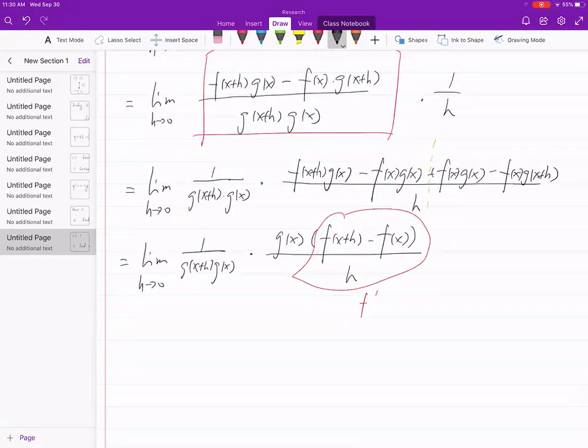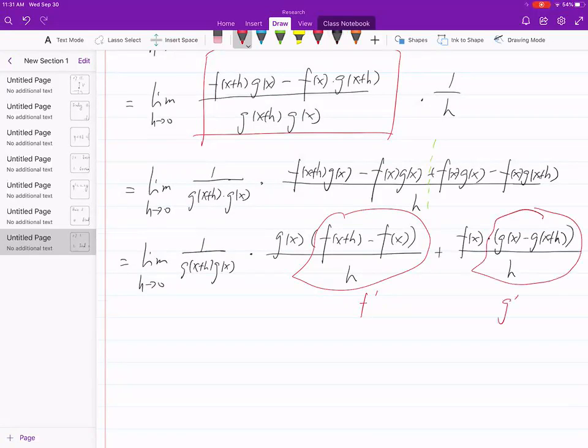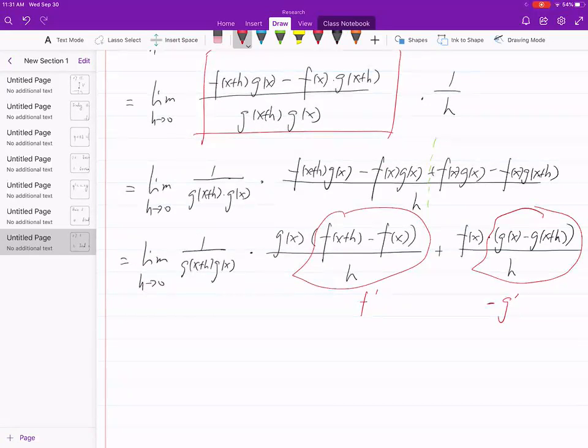The second part is going to be the same. Here comes your g prime. Wait a second. g prime is g(x plus h) minus g(x). This one is not g prime. This one is negative g prime, because I flipped the order. I use g(x) minus g(x plus h) instead.